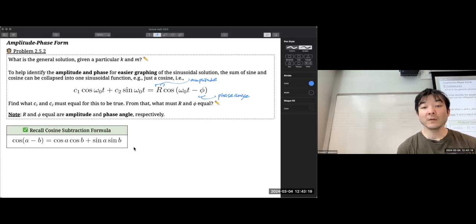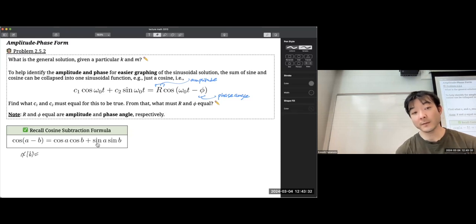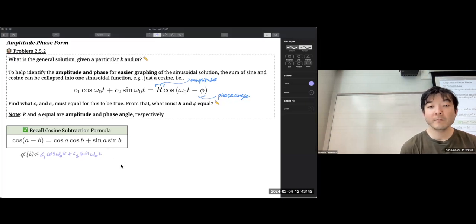So suppose what we start with is x of t equals C1 cosine of omega naught t plus C2 sine of omega naught t. That's what we start with.